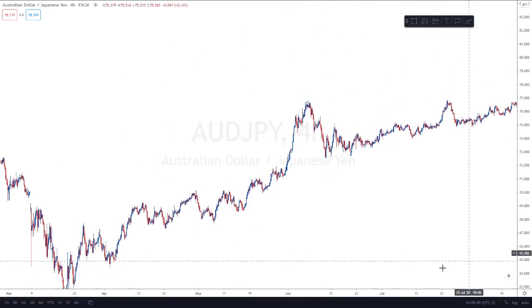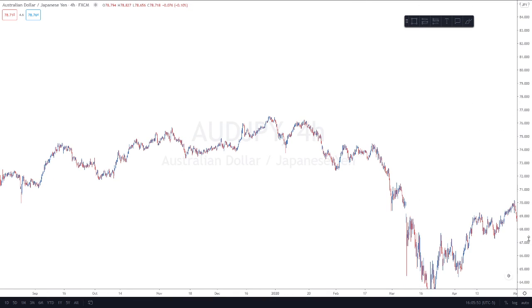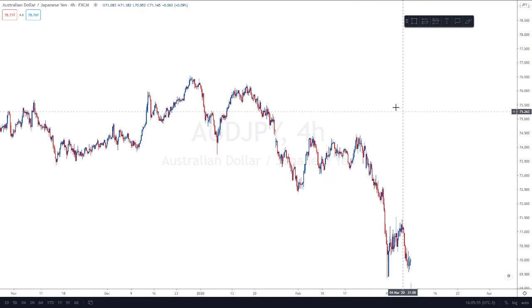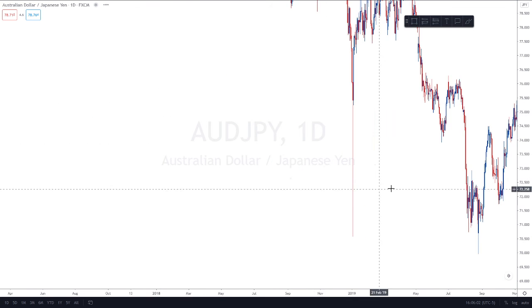So let's find a bearish example that did play out, which this one looks really good. And it looks like, no, that looks like a daily pattern.